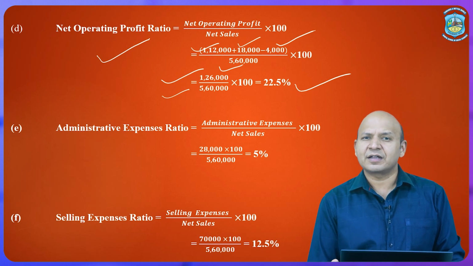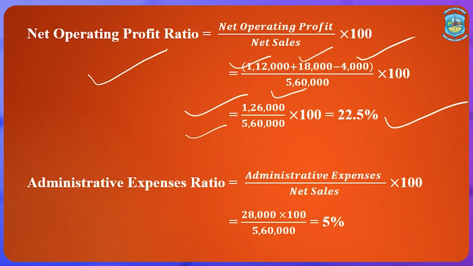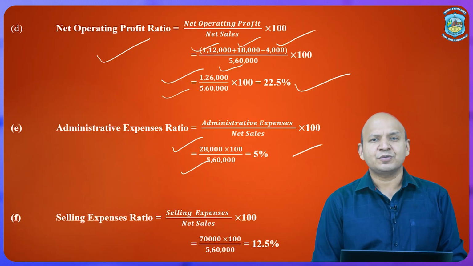E point is administrative expense ratios. So, this comes under the category of specific expense ratio. Formula: specific expenses divided by net sales multiplied by 100. So, administrative expenses was 28,000, net sales 5,60,000. So, 28,000 divided by 5,60,000 into 100, administrative expenses coming 5%. Then comes selling expense ratio.